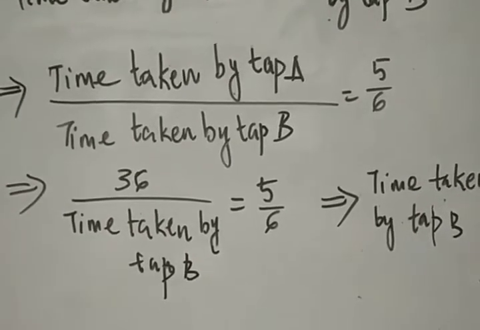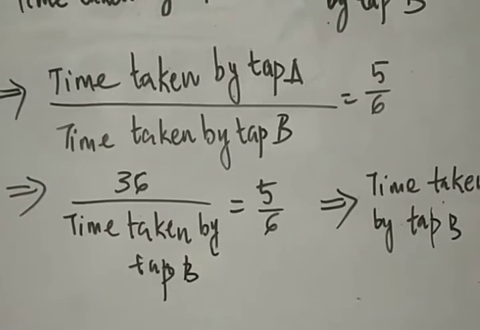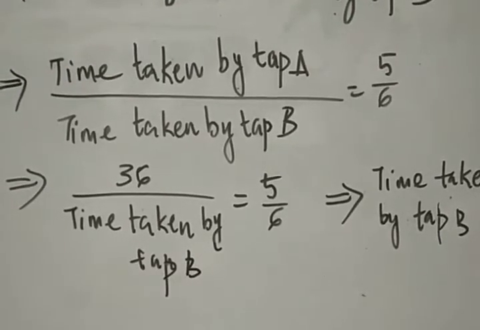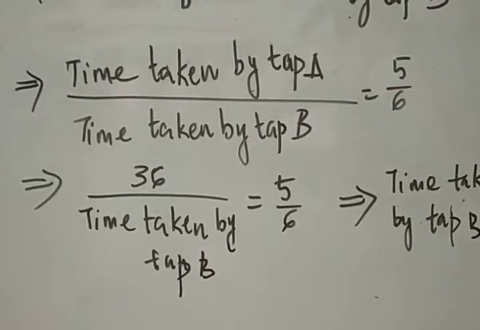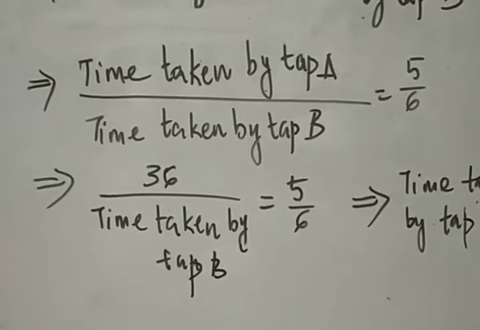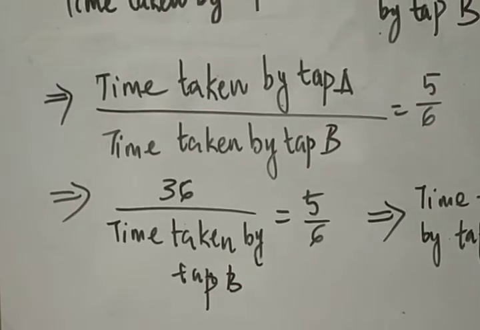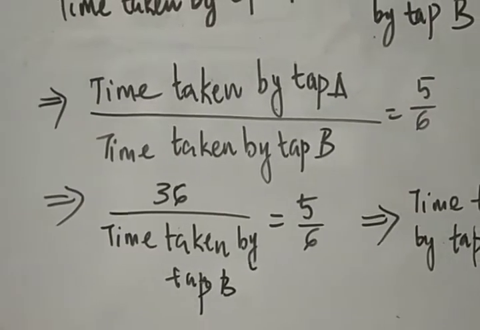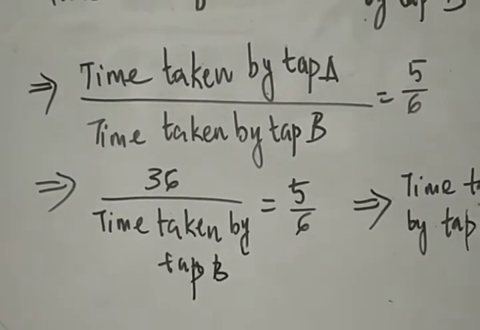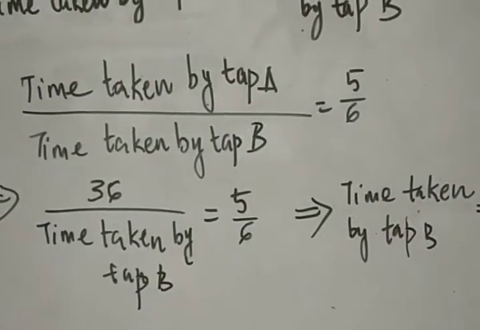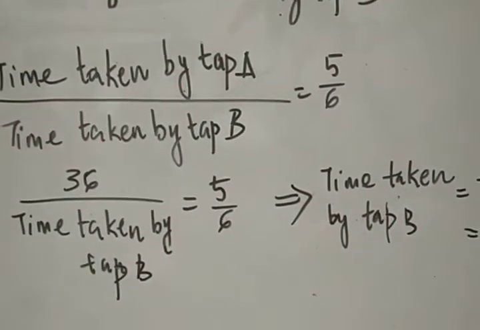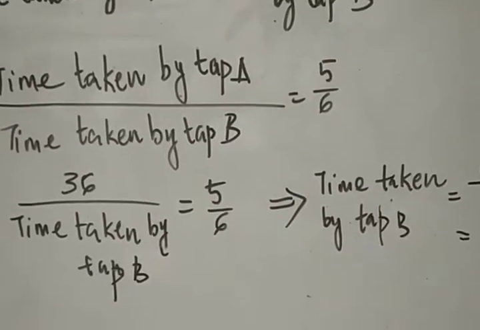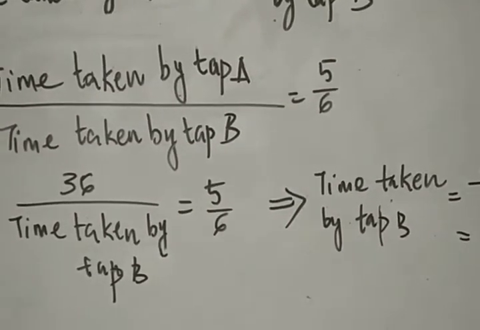So we got an equation, and from this equation we can find out the time taken by tap B. So what I am going to do is take the time taken by tap B, that is the denominator of the fraction in the left hand side, to the right hand side. So this will become time taken by tap B is equal to, and from the right hand side I am taking 5 by 6 to the left hand side.